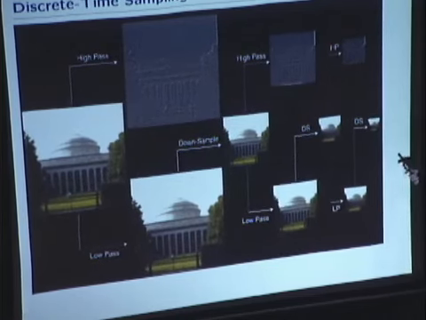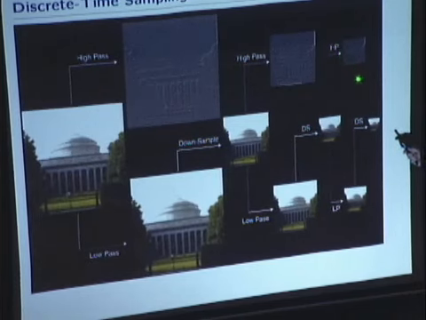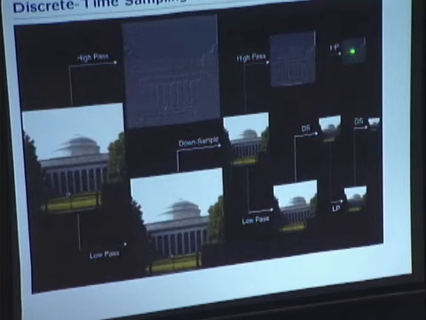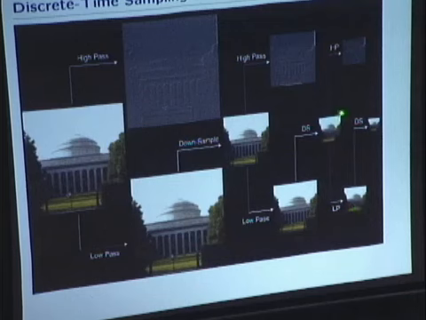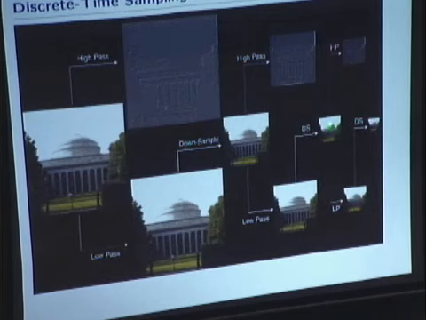So what I need to do is also transmit the high pass information that I threw away. So if I separately transmit this picture and the high pass part of this picture, then I can combine them to get that picture, right? And I don't actually need to transmit this one. So I don't need to transmit this one either because I can generate it. So I only need to send this and this.